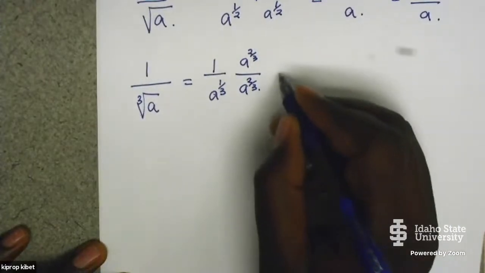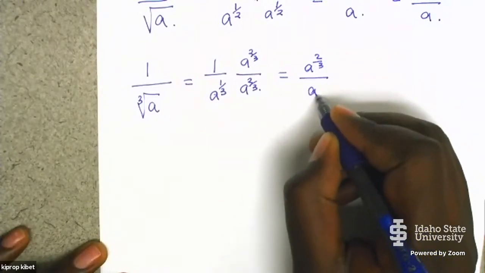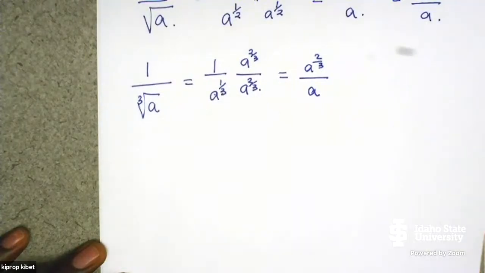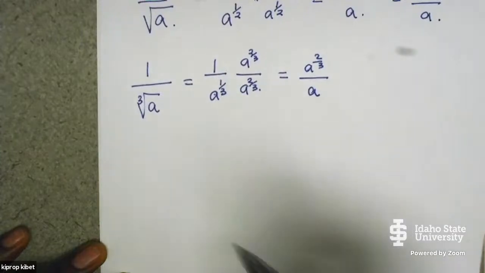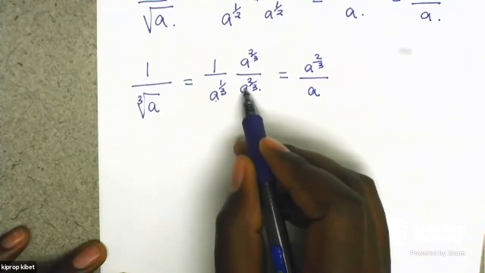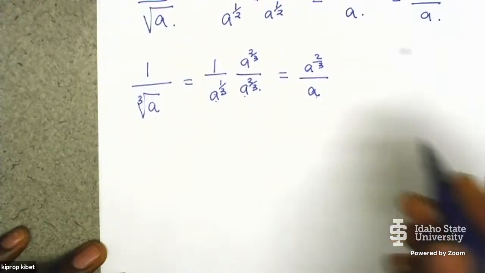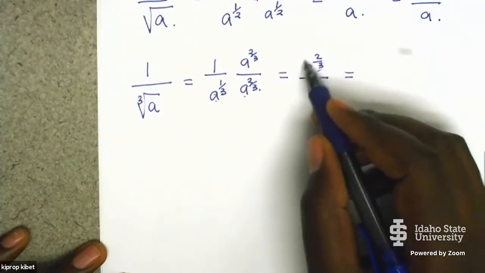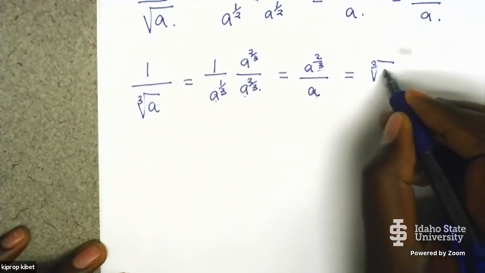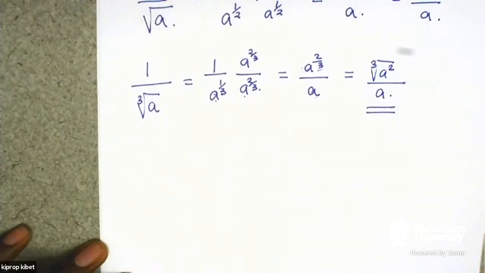So finally, the denominator will be a raised to 1, since 1 over 3 plus 2 over 3 is 1. Since the bases are the same, we add the powers. So in terms of radical, this is the cube root of a squared all over a.